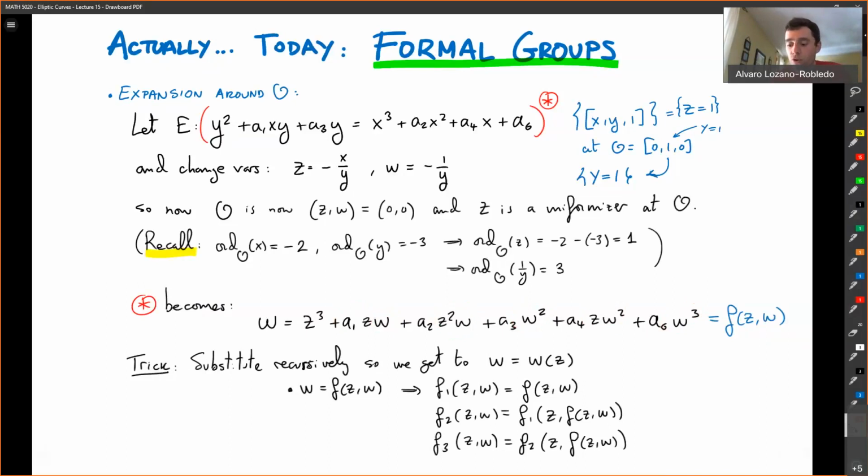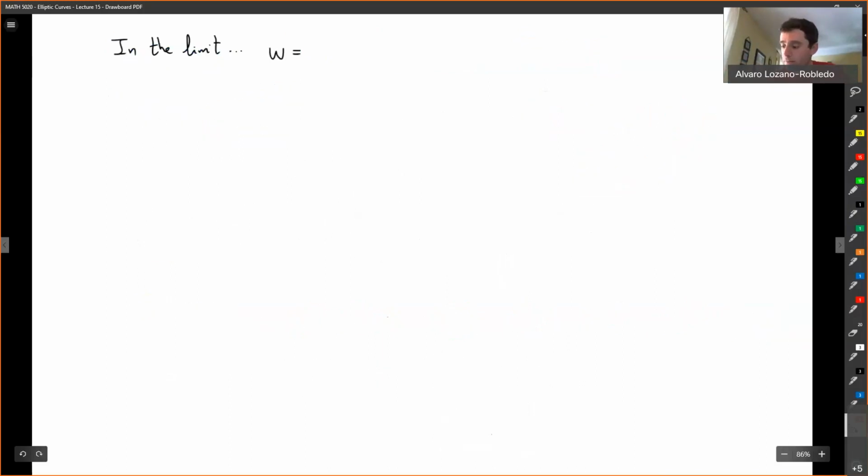So I'm only going to see that the first term is Z cubed, and every other term is going to have higher powers of Z. So it actually starts with Z cubed times a power series in Z with some new coefficients.